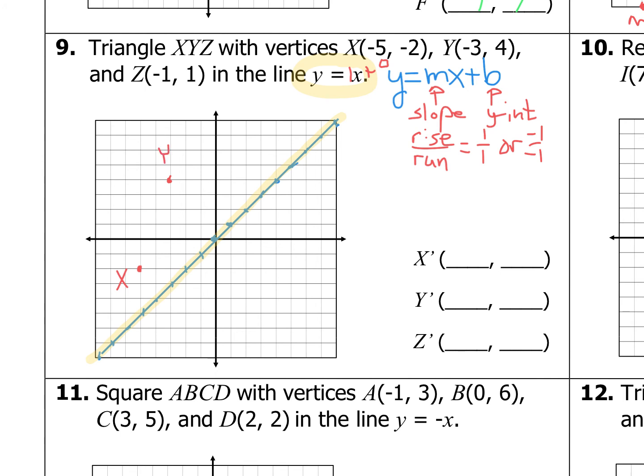And then my z is left 1, up 1. Then I want to connect those with a straight edge. So there's my pre-image.